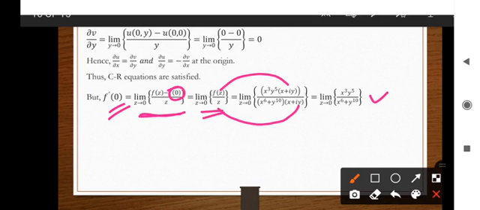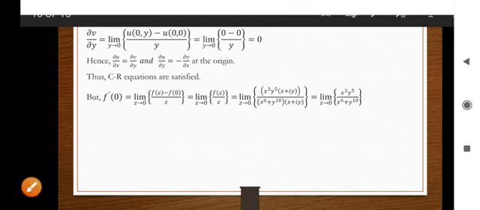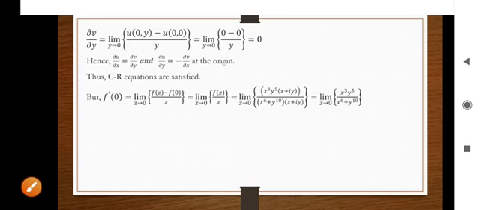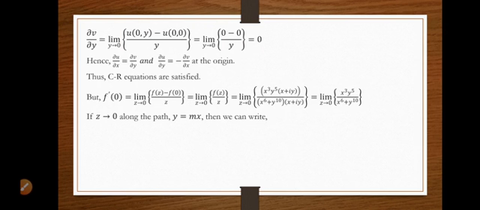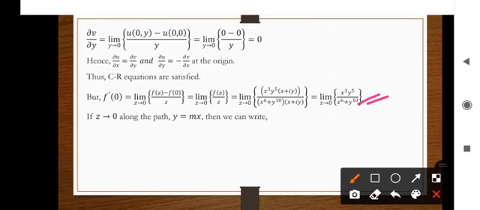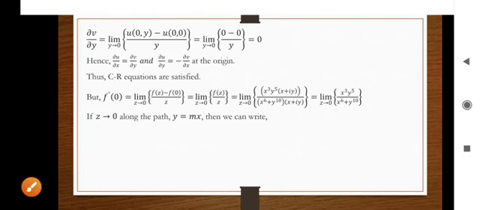Now we are going to use different relations between x and y, that is we are going to find the derivative of f(z) at the origin along different paths. So let us apply the first path. If z tends to 0 along the path y equal to mx, then find the value you will get for this limit.